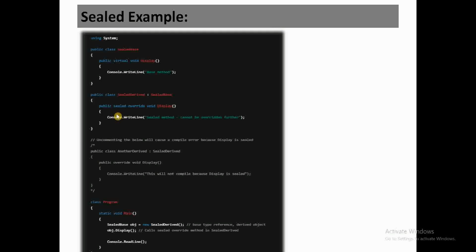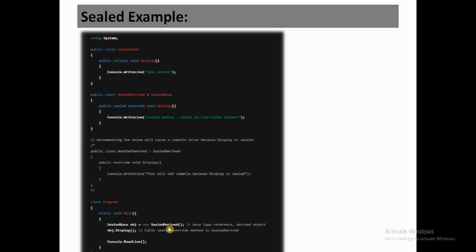With virtual we are using override keywords, and here we provide a sealed keyword. Now it is not going to override or inherit into the new class or new method. So for stopping further implementation in a new derived class, we can do it with the sealed keyword. Now this method is sealed, we cannot inherit further.